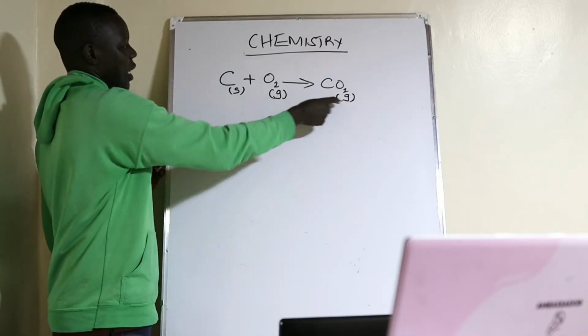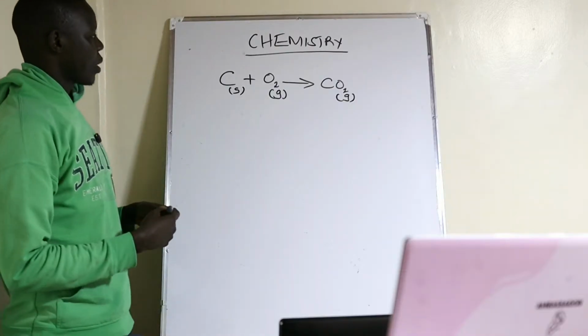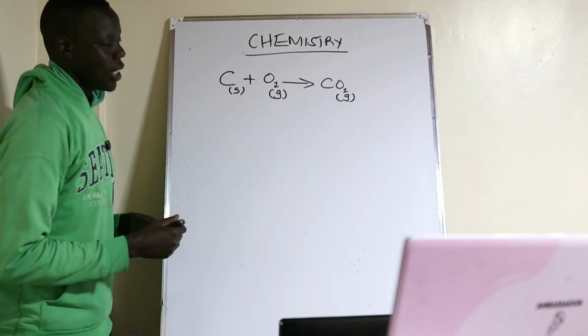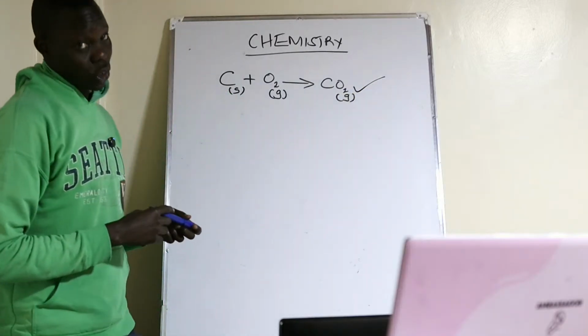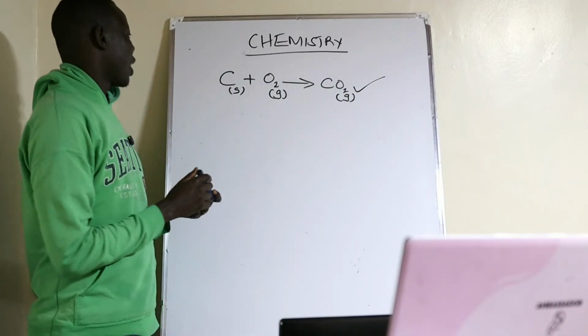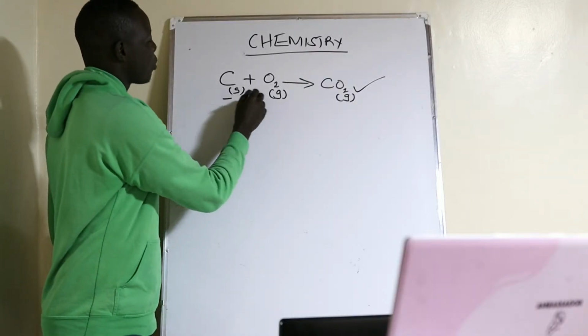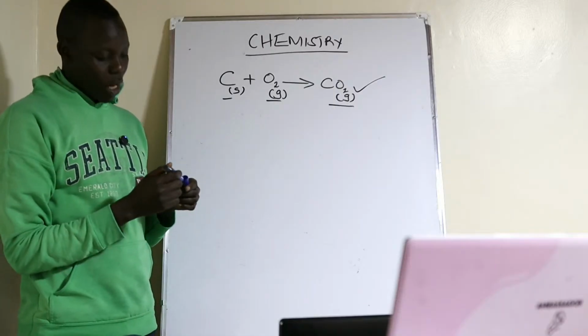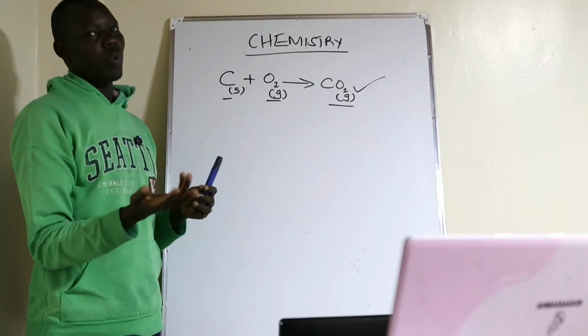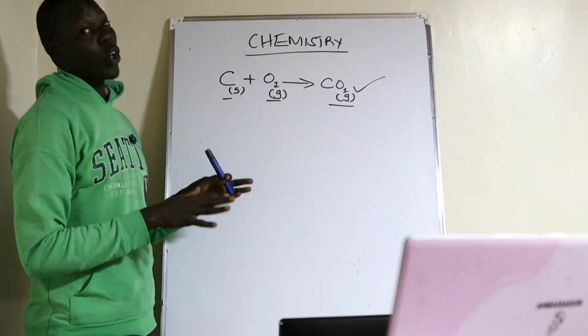Black, colorless, colorless. And of course, for you to score a mark in writing chemical equations, there are four things which you must fulfill. One, make sure you are using the correct symbols and the correct chemical formulas, which in this case is very fine. For the 5 or 6 equations that we are going to write today, we have to confirm all these.